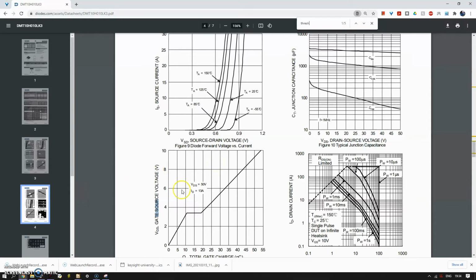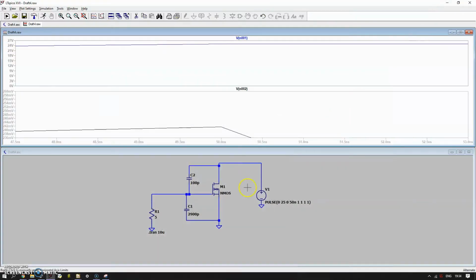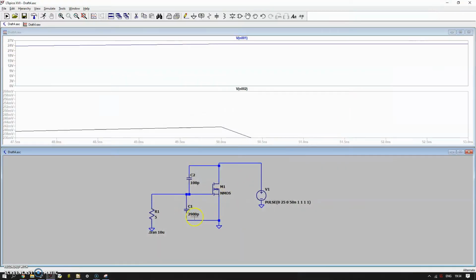Gate source voltage threshold, gate threshold voltage, minimum 1.2 volts. So as long as we stay away from 1.2 volts, this MOSFET isn't likely to turn on. Absolute maximum is 2.8. So we are quite far away from that at 0.25 volts. So we've got 1 volt clearance. I'm pretty confident that that's going to be okay.